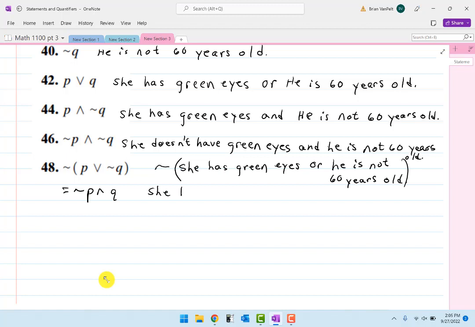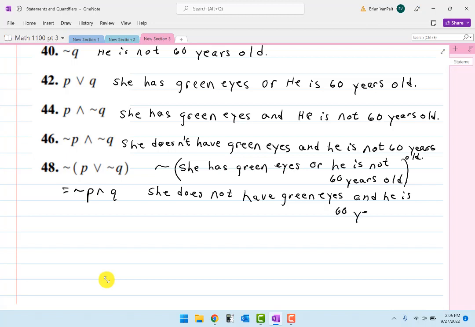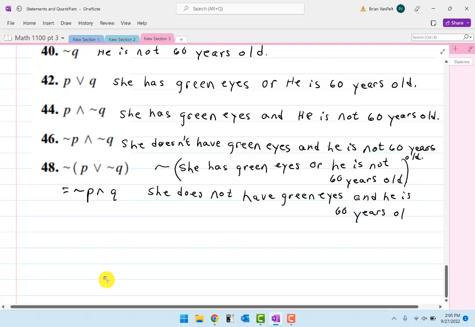She does not have green eyes and he is 60 years old.